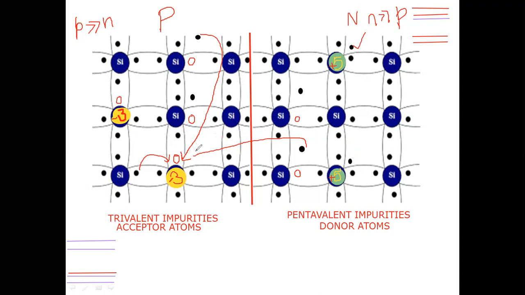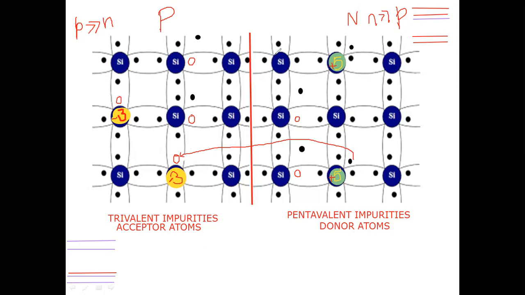And now for example, let us suppose this electron from n side is coming and filling this hole. Why?